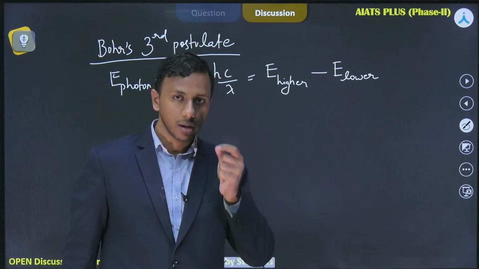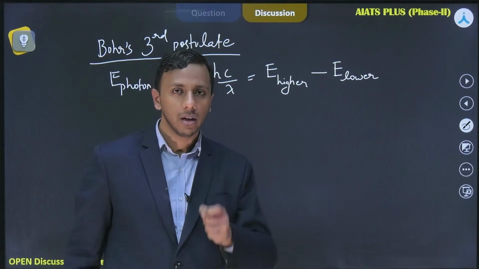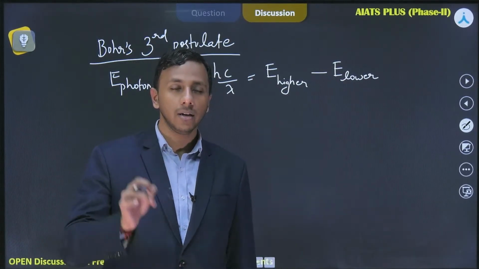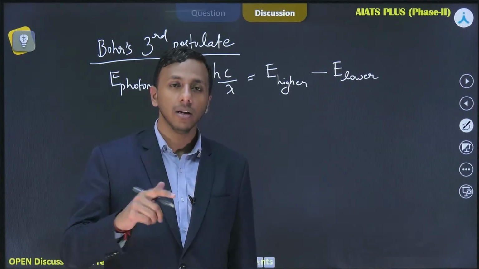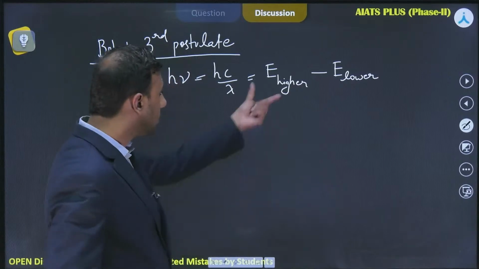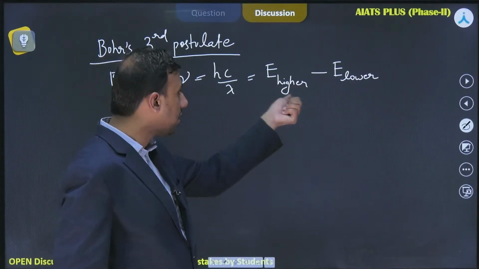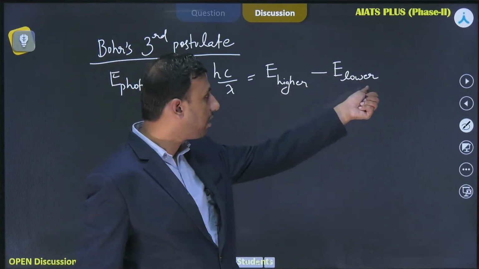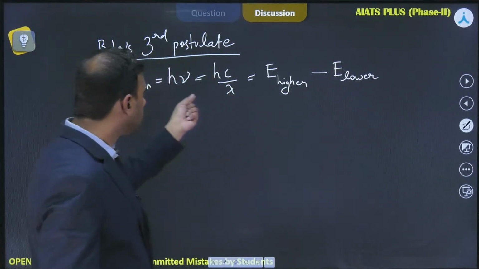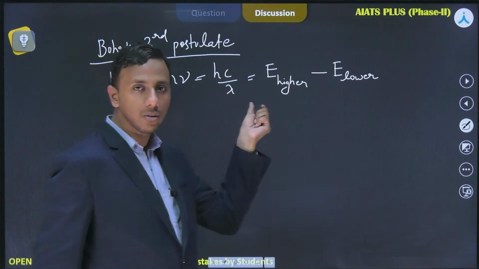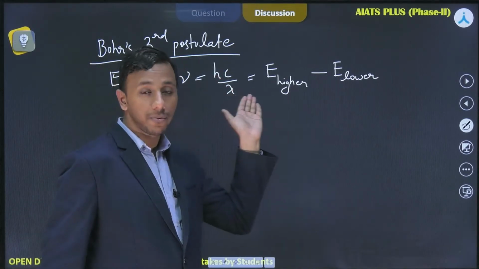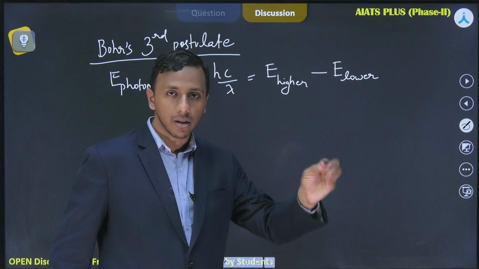And what was the formula for E that we had studied? E, the energy in the nth orbit, is equal to minus 13.6 electron volt upon n square, for the hydrogen atom. Similarly, the value of n would be something for the higher orbit and something else for the lower. Here h is Planck's constant, c is the speed of light, which is 3 × 10⁸ meter per second.